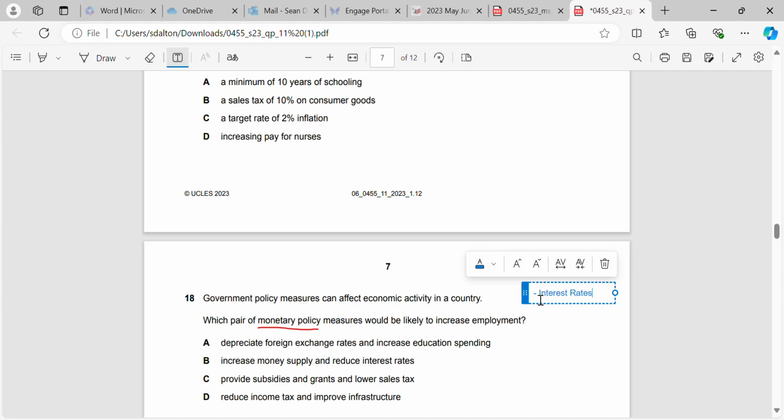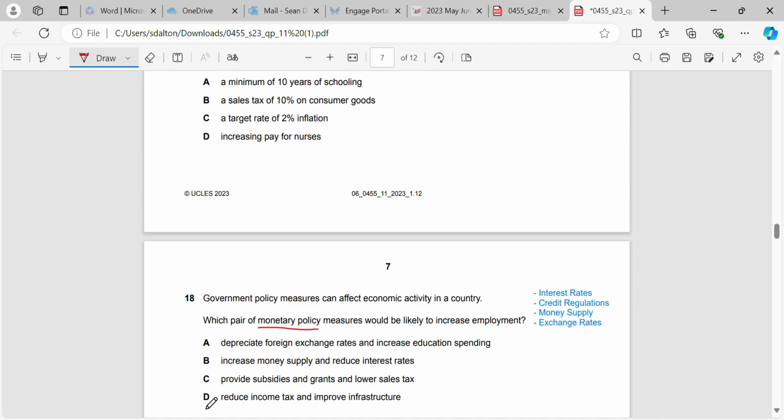Monetary policy is a chapter. They're the tools of monetary policy. So straight away we're looking for them.